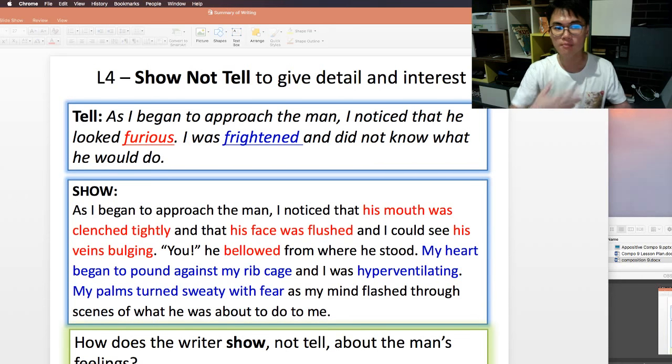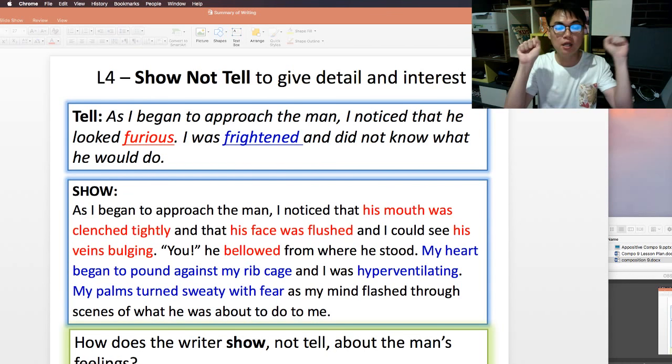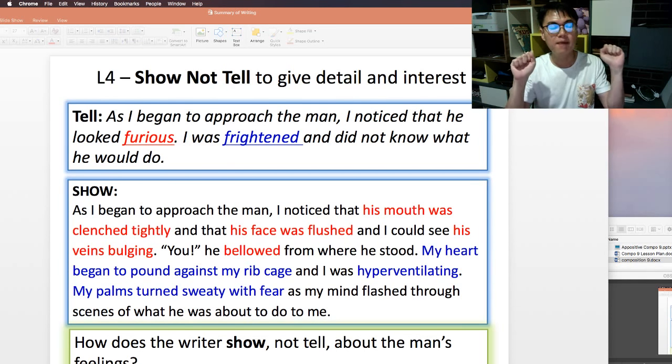And then my reaction, I was frightened. Now again, how do I not tell the reader that I'm frightened, but show the reader? Very simple. My heart began to pound in my chest. I was hyperventilating. My palms turned sweaty with fear as my mind flashed through the scenes of what he was about to do to me.